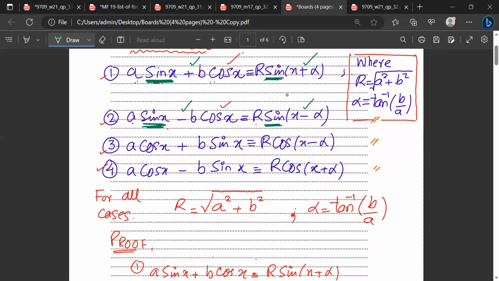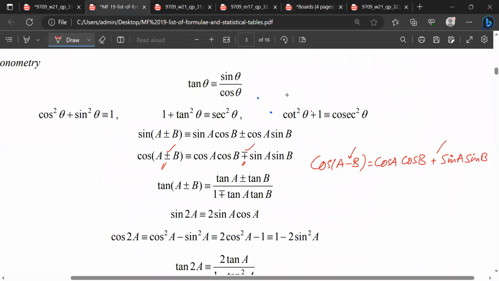The third case is a cos x plus b sine x. So notice cos is there. These are the standard forms. For cos, we know that in the compound angle identity, if it is a plus sign, we have a negative sign, and for a negative we have a plus: the opposite sign.